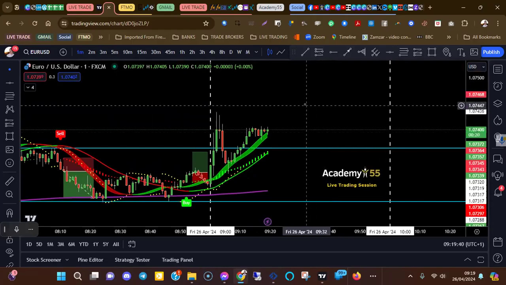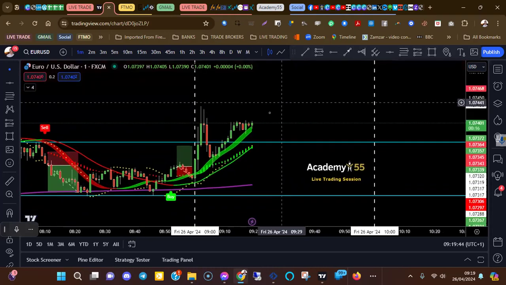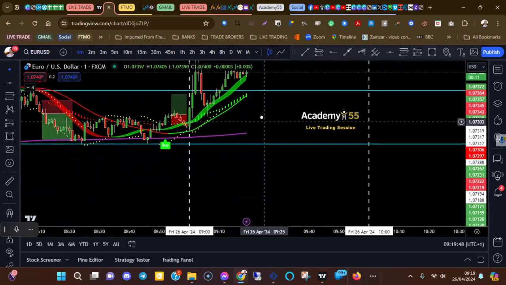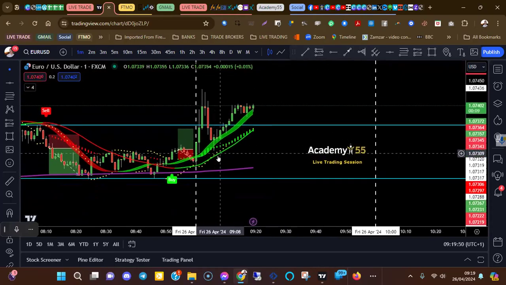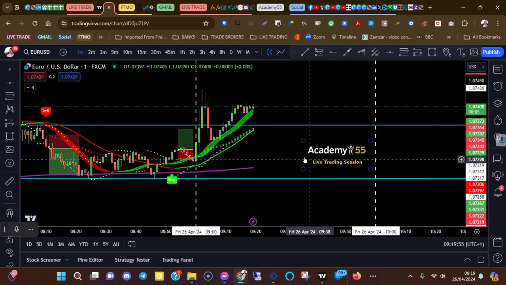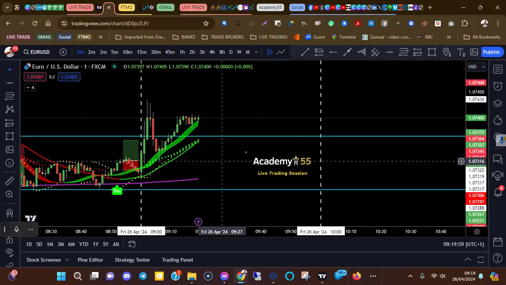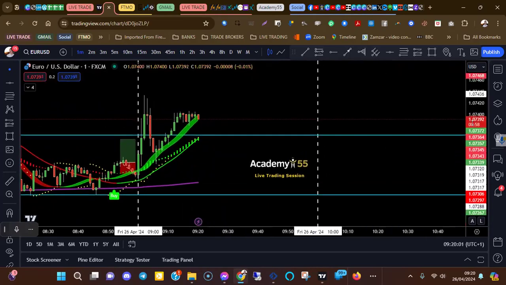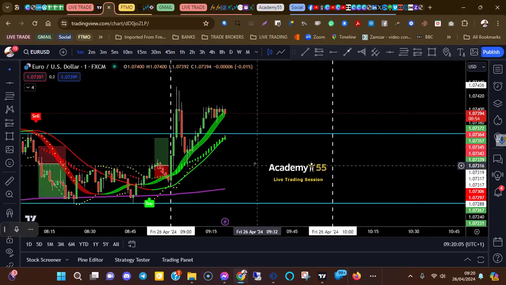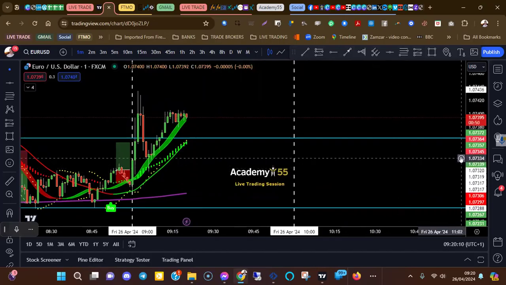If it breaks, I suggest it could be very well going into this imbalance area. But if it bounces and comes back down again to the safe area, to the purple line, we might get ourselves a sell. Being a Friday, they might want to get things ship shape for the weekend. Or I don't know.